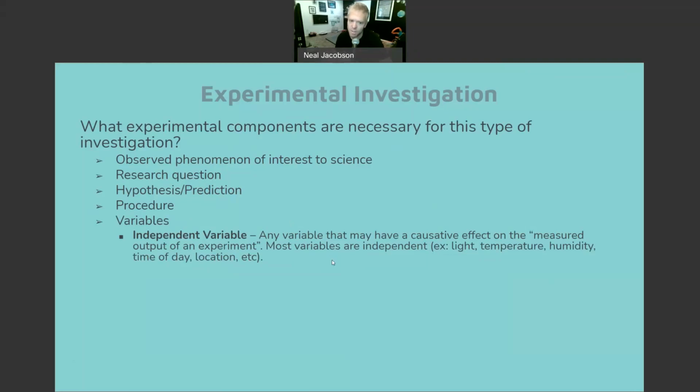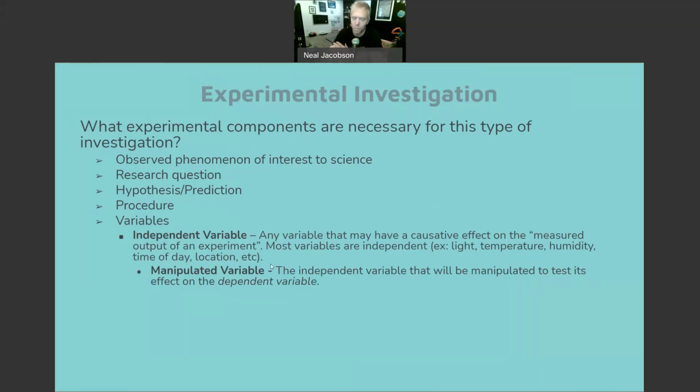The tricky part is that you want to isolate just one of those things and keep everything else the same. So the manipulated variable is the one that you want to change to see its effect on the subjects in your experiment. The manipulated variable is the independent variable that is changed throughout the test to measure its effect on the dependent variable.